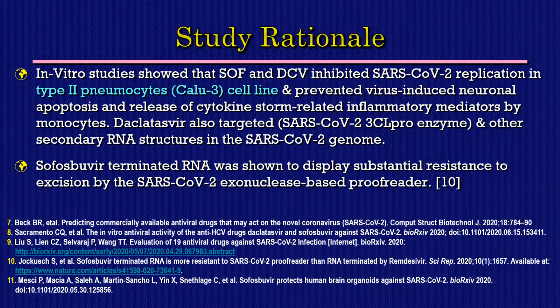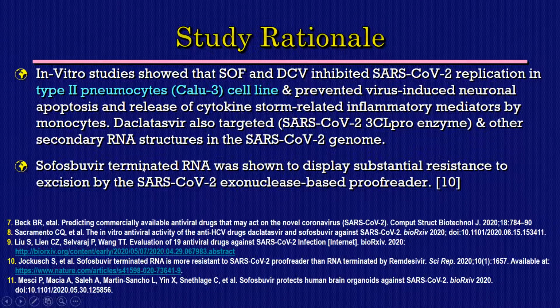In vitro studies showed that sofosbuvir and daclatasvir inhibited SARS-CoV-2 replication in type 2 pneumocytes, the Calu-3 cell line, and prevented virus-induced neuronal apoptosis and the release of cytokine storm-related inflammatory mediators by monocytes. Daclatasvir also targeted SARS-CoV-2 chymotrypsin-like protease enzyme and other secondary RNA structures in the SARS-CoV-2 genome.